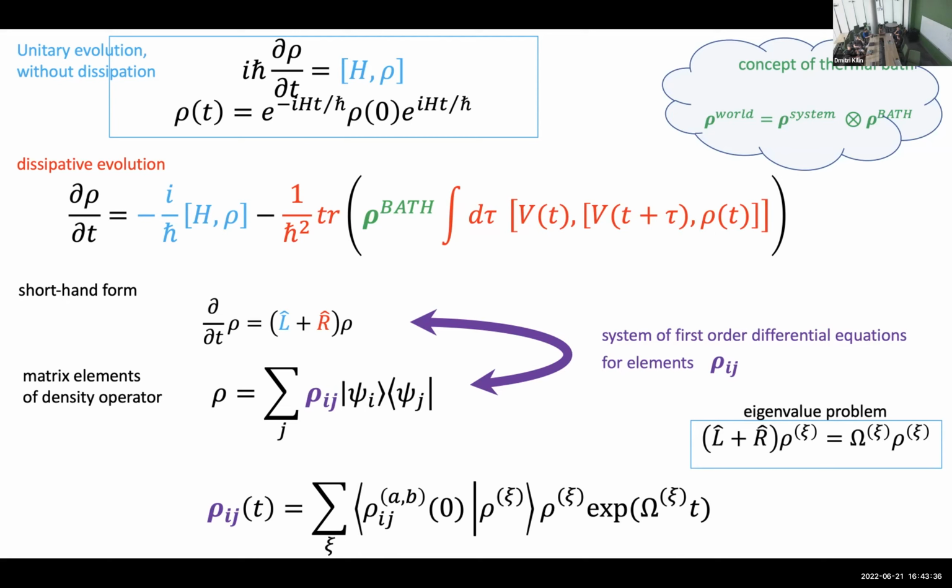And this density operator can be expressed in terms of a specific basis, in the basis of basis functions psi i, psi j, and then the density operator is composed as a matrix times this basis set.